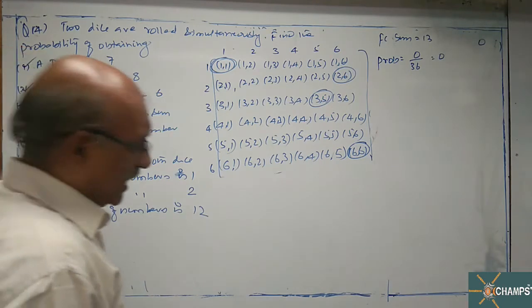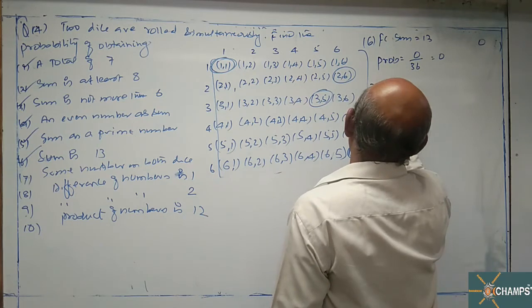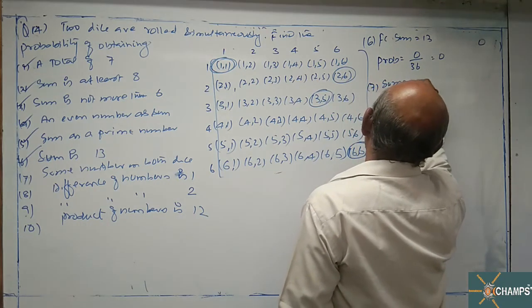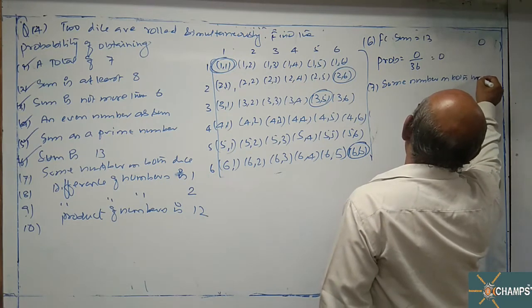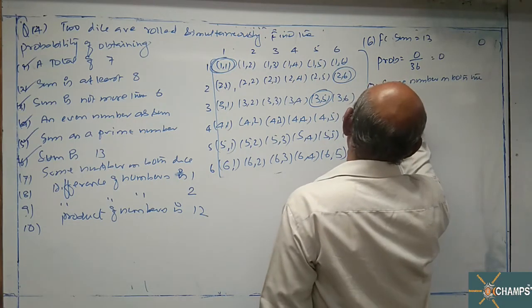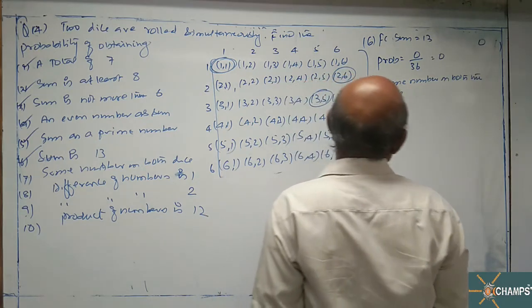Same number on both the dice. This is 6th question. Let us see 7. Same number on both the dice.